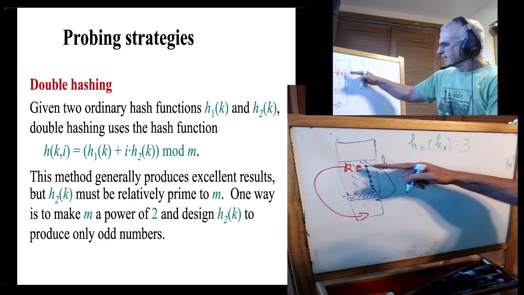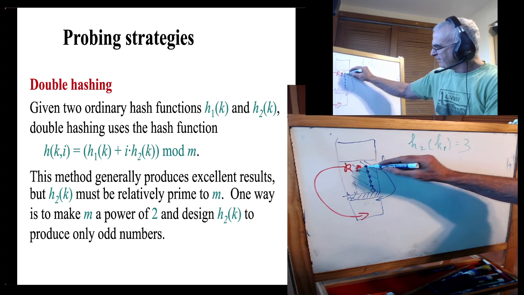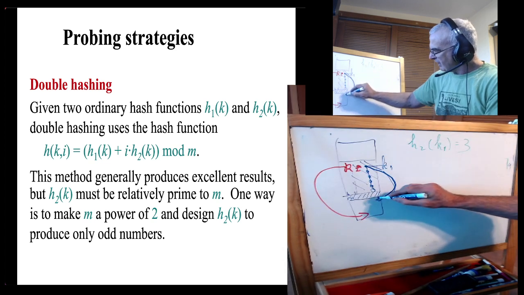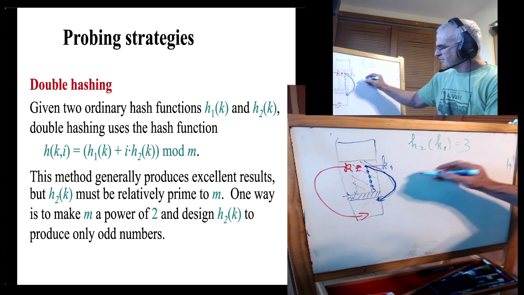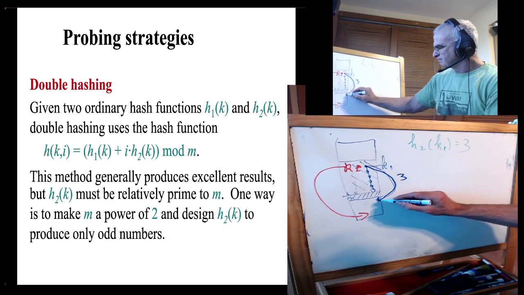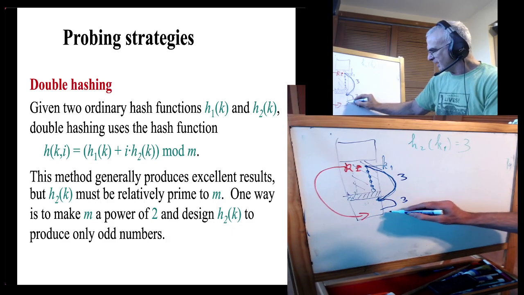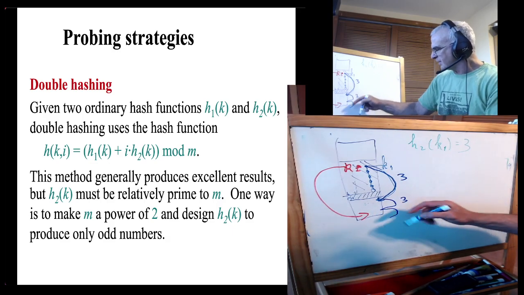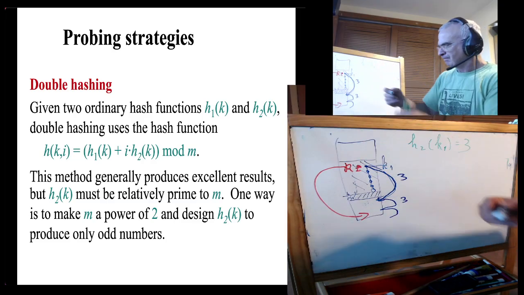K1 landed somewhere, but my first attempt will not be the next cell, but 3 cells down. My next attempt, 3 cells down, of course modulo m.